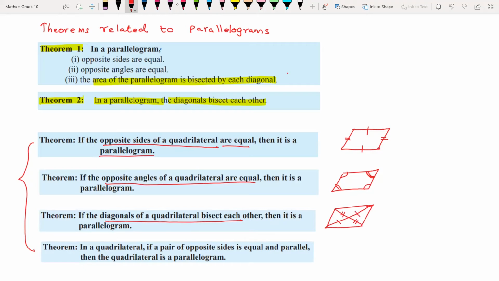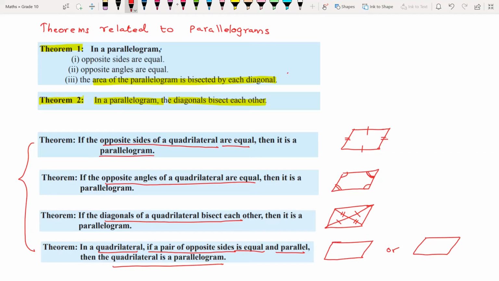Lastly, the last theorem, it is again a converse theorem. In a quadrilateral, if a pair of opposite sides is equal and parallel, then the quadrilateral is a parallelogram. Let's say you are given a quadrilateral with a pair of opposite sides which is equal and parallel, like this.